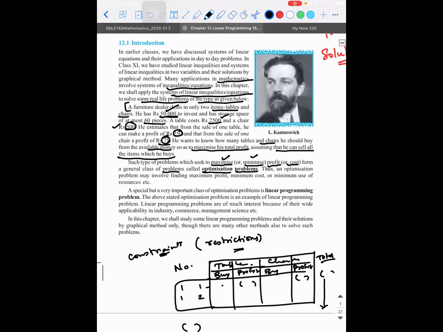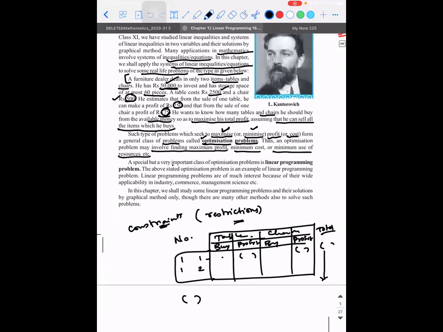So your work is only to learn about these optimization problems. So what is optimization? Optimization is maximizing the profit or minimizing the cost. You're optimizing something. Thus, an optimization problem may involve finding maximum profit or minimum cost or minimum use of resources, etc. Okay.